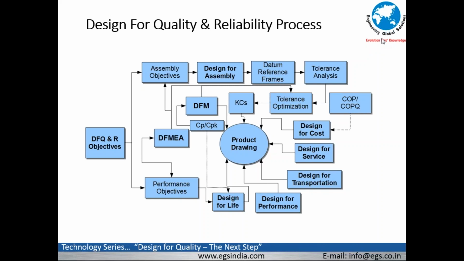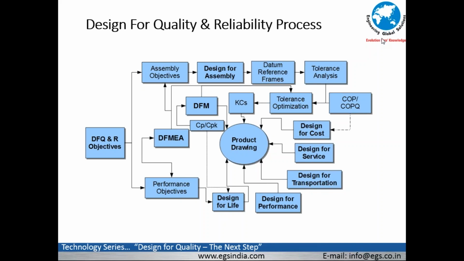Now, if you look at the design for manufacture, the process capability Cp and Cpk along with the risk priority number of DFMEA comes into your tolerance optimization, because initially you have given the tolerance and now you want to do a tolerance analysis so that your design for quality and reliability goals can be met.